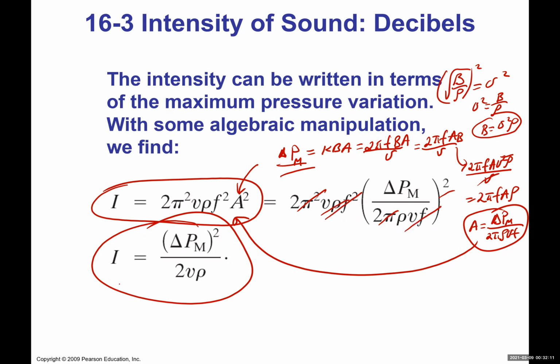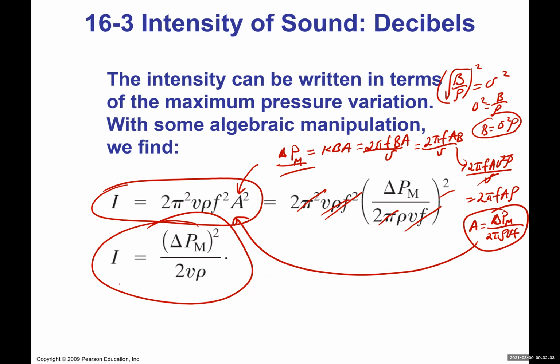We just have the intensity equation in terms of the amplitude of the pressure wave squared divided by 2 times V times the density of the fluid. So it's just manipulation of the equation until you get something a little bit simpler, a little bit more specific compared to the previous equation that we derived.